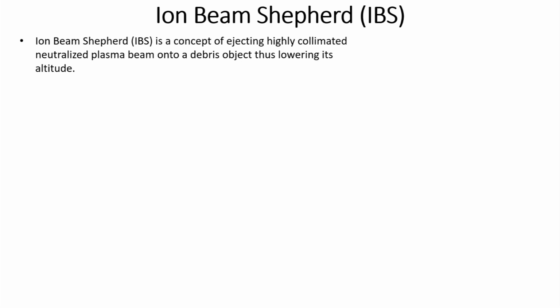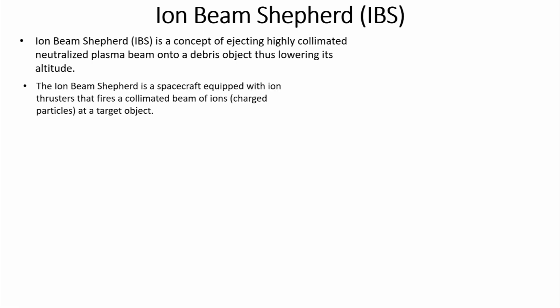Now, the other method is the ion beam shepherd, or in acronym IBS. This IBS is a concept of ejecting a highly collimated neutralized plasma beam into a debris object, thus lowering its altitude. So, here you are using plasma, that is a beam of plasma.